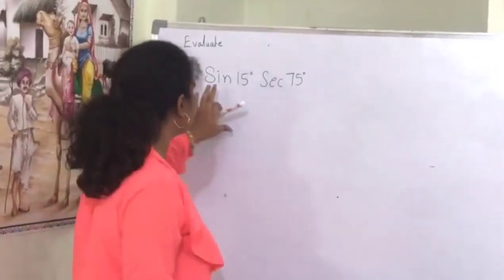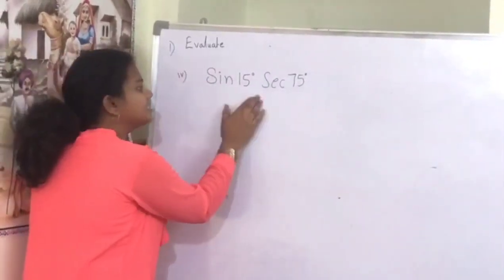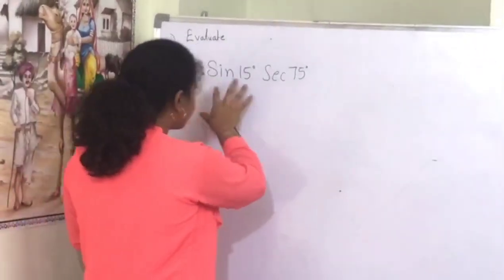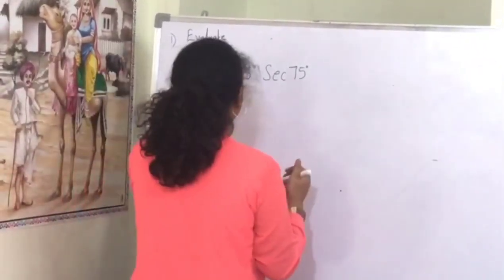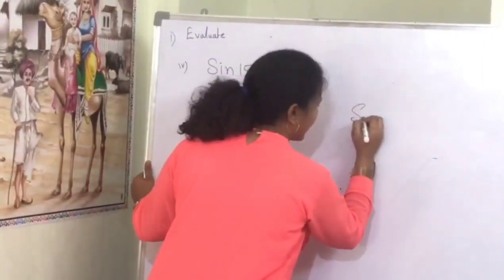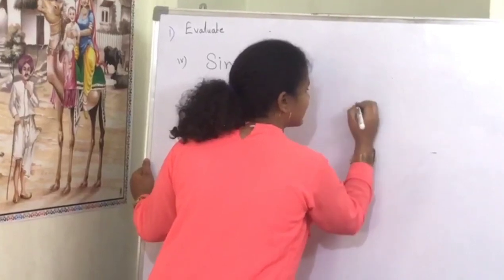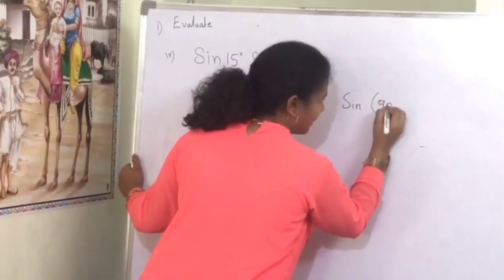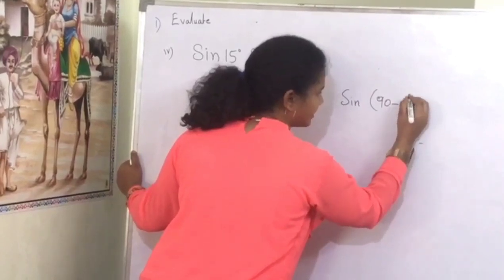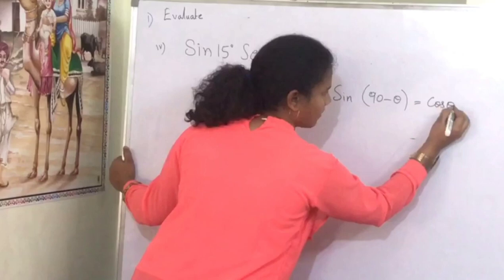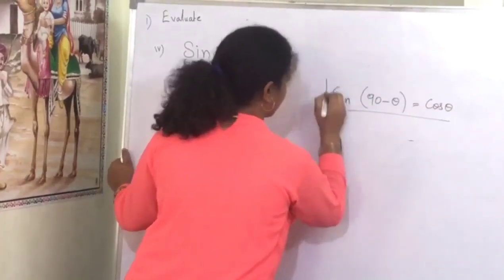Firstly, let's change this sine 15 degree into cos, as you have the trigonometric ratio related to sine theta, where sine 90 minus theta gives us what? Cos theta.